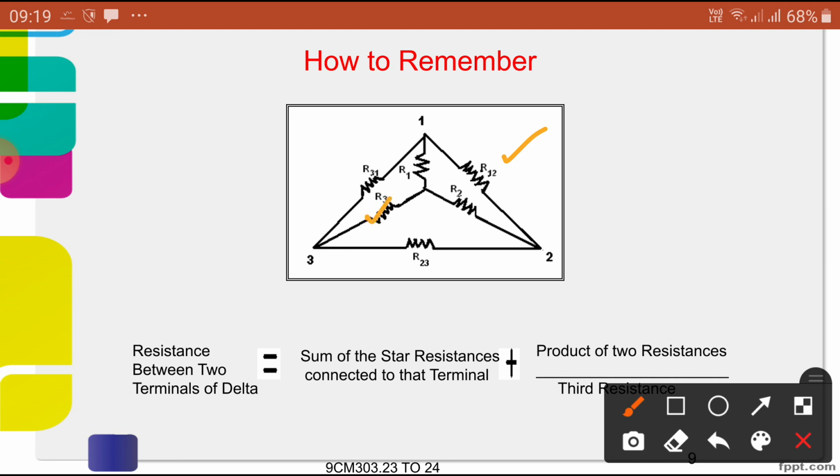This is the sum of the star resistances connected to the two terminals, plus the product divided by the third terminal resistance. Okay. So this you already know.